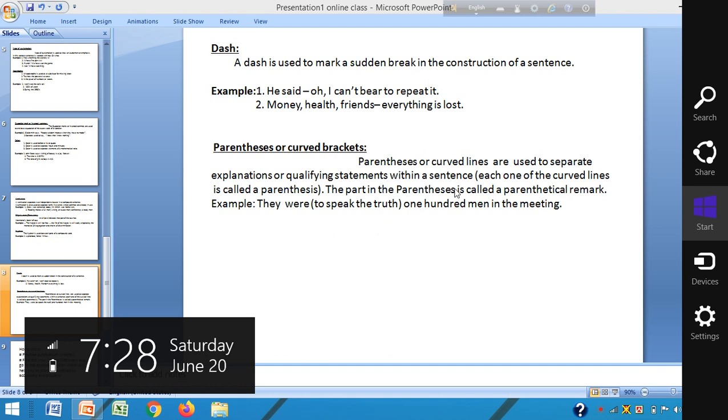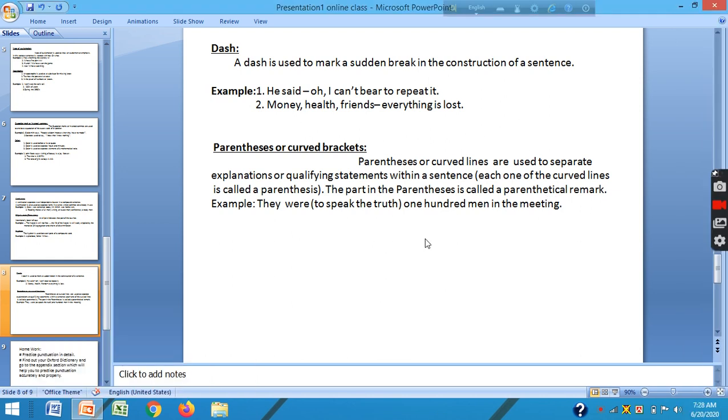The part in the parentheses is called a parenthetical remark. For example, in order (to speak the truth), 100 men in the meeting. Here, to speak the truth is enclosed by parentheses or curved brackets.